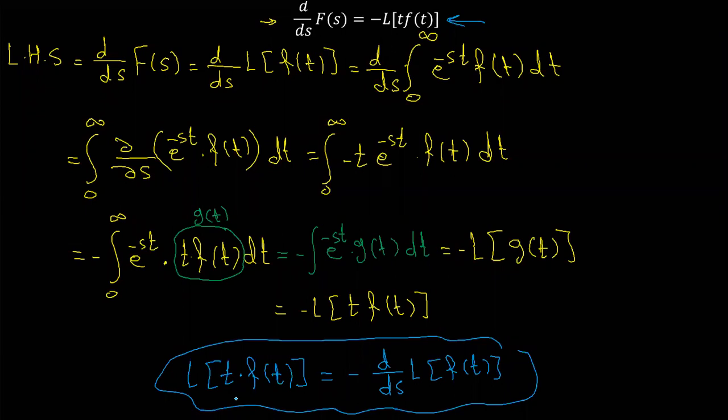And today, the new rule: if I have t squared, t to the power 3, and so on times my function, I can find the Laplace of this product. But if you have maybe Laplace of sine t times your function, I don't have a rule. I'm going to apply the integration formula. But if one of those is exponential, unit step, t squared, t to the power 2, 3, 4, and so on, I have a specific rule. Okay?